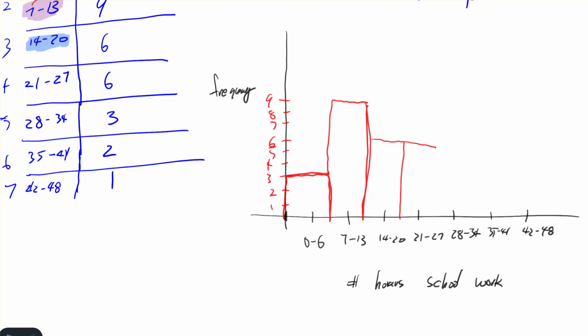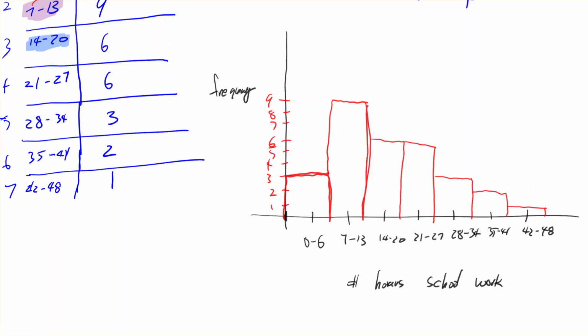Same for this, 6. 28 to 34 there's 3. 35 to 41, 42 to 48. Oops, sorry, that was wrong. 35 to 41 is 2, not 3, so it should be lower. And 42 to 48, 1. So something like this. It's a histogram of this data using 7 classes.